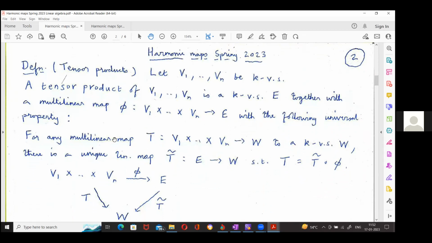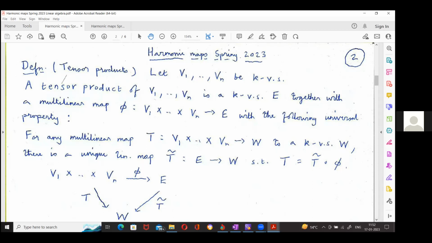If I take any other multilinear map T from V1 cross Vn to W, where W is some other vector space, then this factors through the multilinear map phi.